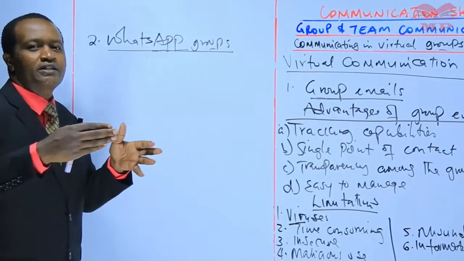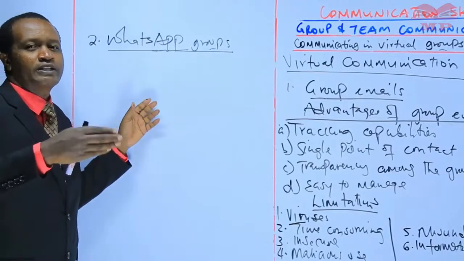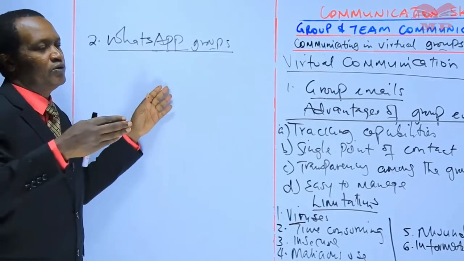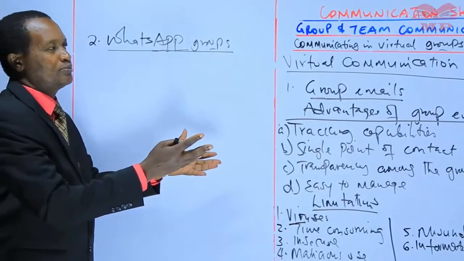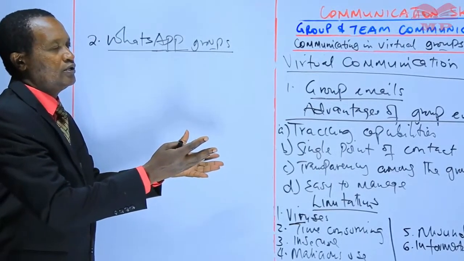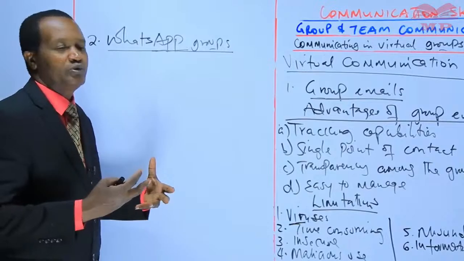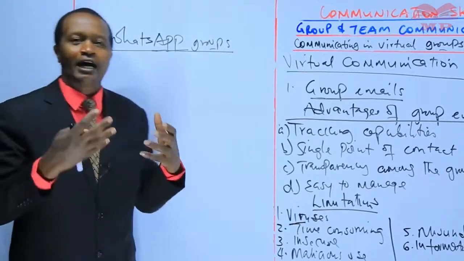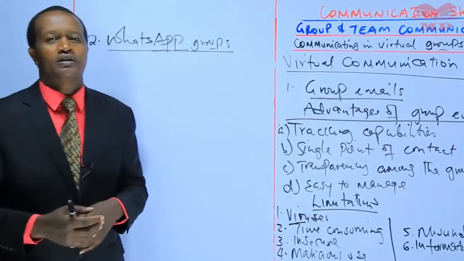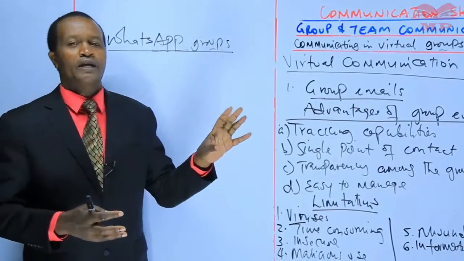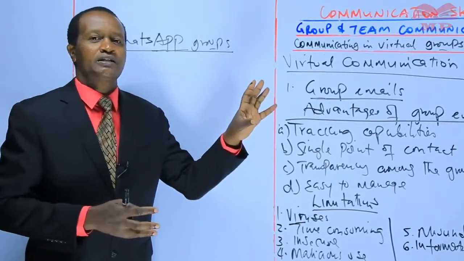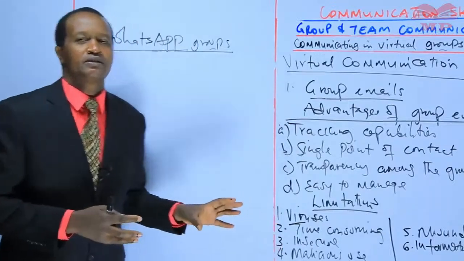So one can create a WhatsApp group for clients. You can create another WhatsApp group for the department. You can create a WhatsApp group for a committee. A WhatsApp group can be created for employees in different departments, and so on.